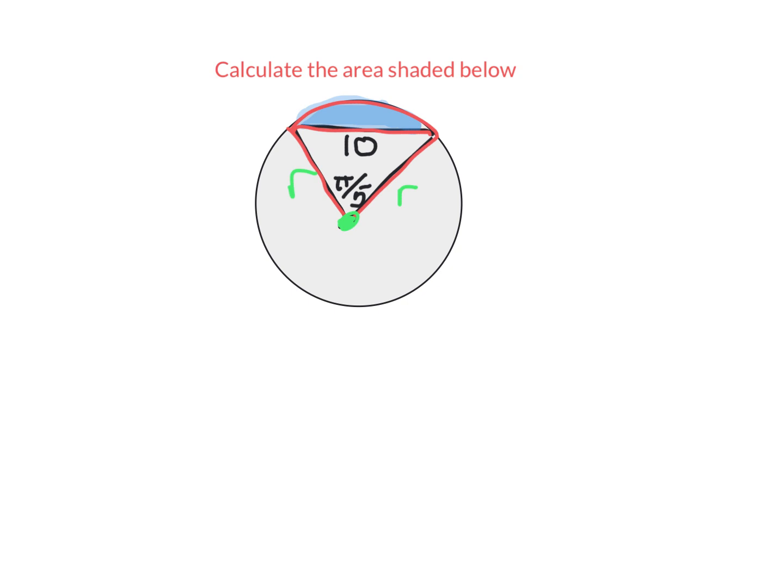Now you know that the angles in a triangle add to 180 degrees, but that means they add up to pi radians. 180 degrees is pi radians. So pi over 5, if you want to convert to degrees, is 180 over 5, which is 36 degrees.